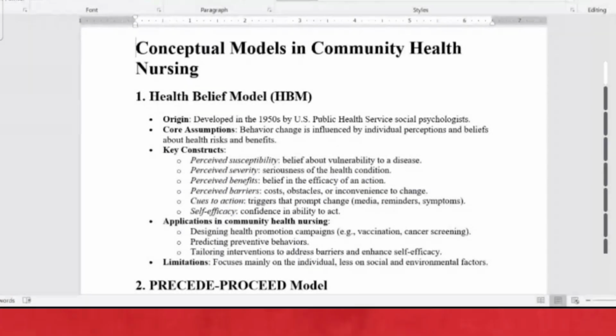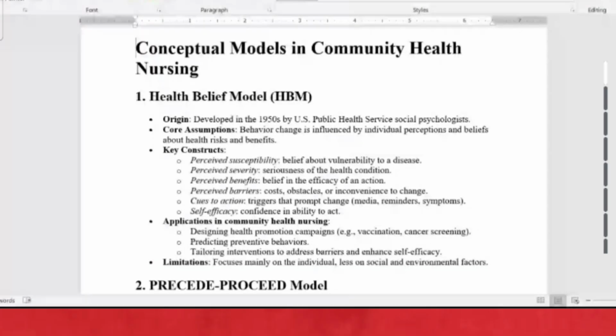So we have got key constructs. When you're talking of constructs, these are just the building blocks of this particular health belief model. It anchors on the following. 1. Perceived susceptibility. When you perceive that you are susceptible, it is like you believe you can get a particular disease.